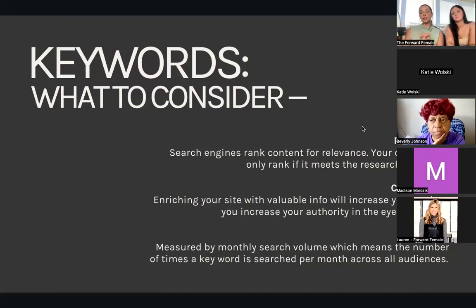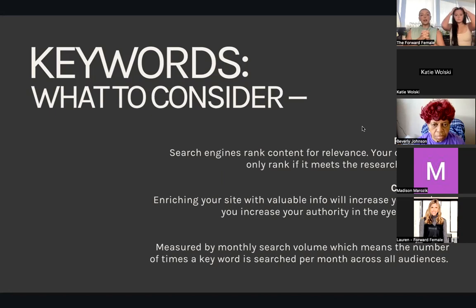But the first thing that we want to consider is relevance. Search engines rank your content based on relevance. How relevant is it to not only trending topics, what's happening, what people are really searching up, but is it relevant specifically to your target audience's needs, wants, or what they're searching?